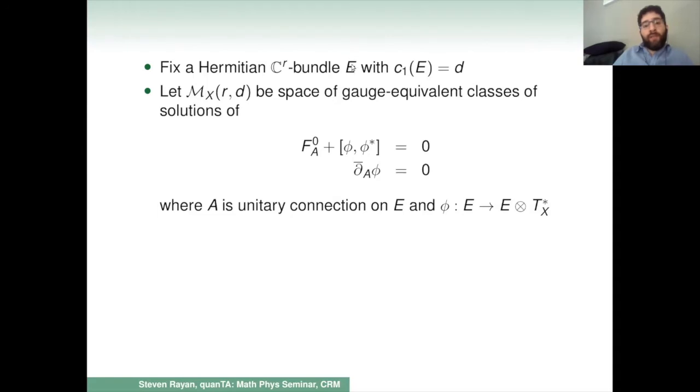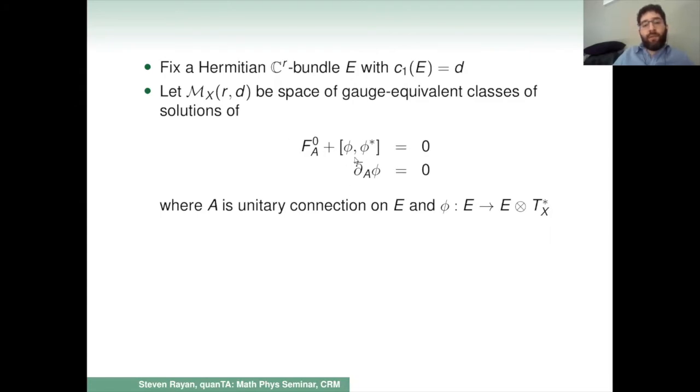So on the bundle E, I want to put a unitary connection, so it's compatible with the Hermitian metric. So in this first equation here, I'm looking at, let's say, the trace-free part of the curvature of this connection. And I'm going to add a similar object to it, which is the commutator of phi with its adjoint under the Hermitian metric. And I can ask for this to be 0. So that defines the first equation.